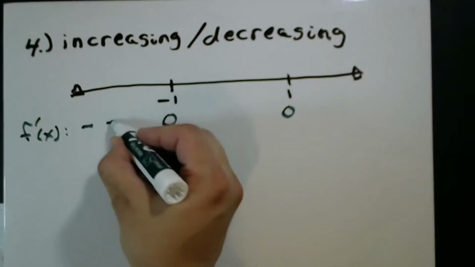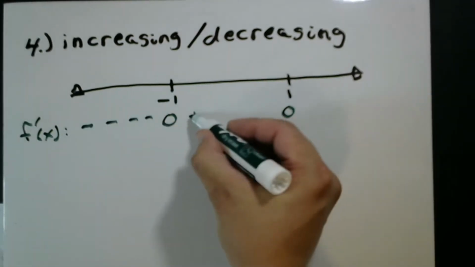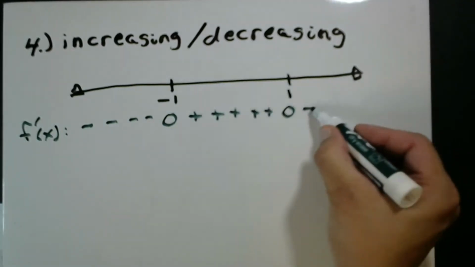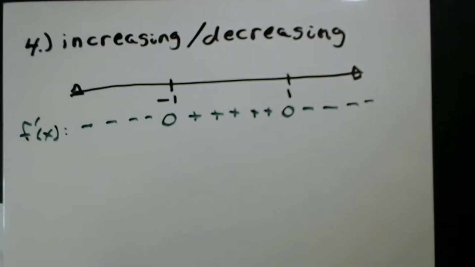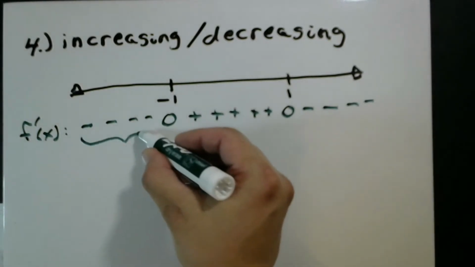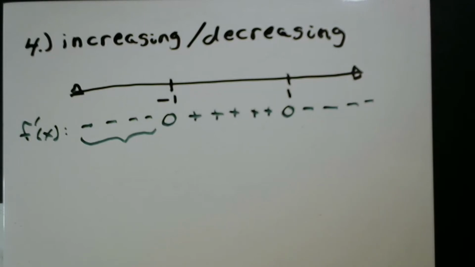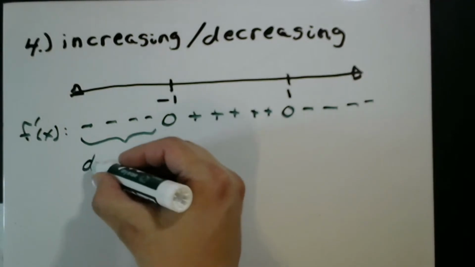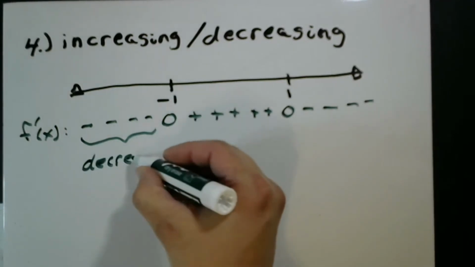It was negative here, positive here, and then negative again. Now, where the first derivative is negative, this is where the tangent lines to the function have a negative slope. Or you could think of it as where the function has a negative slope. But technically, it's the tangent lines to the function have a negative slope. That means we're decreasing.